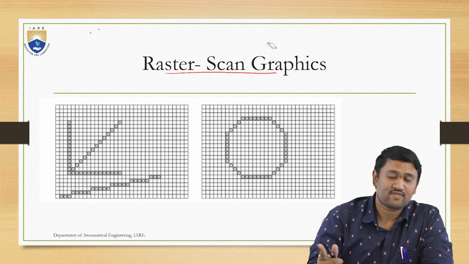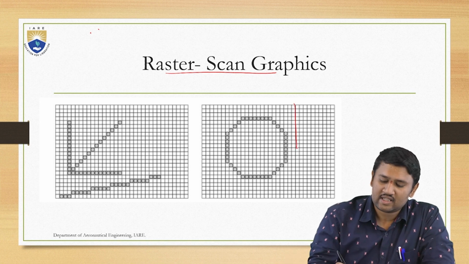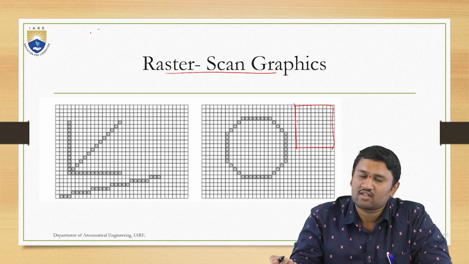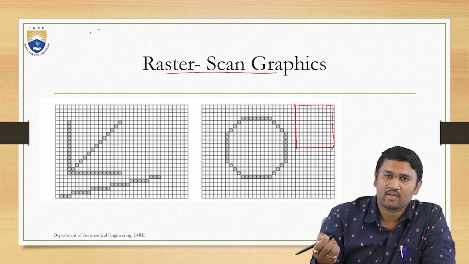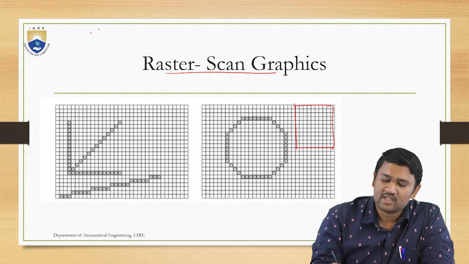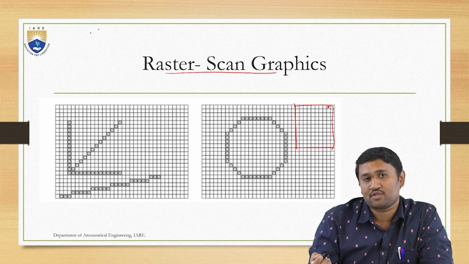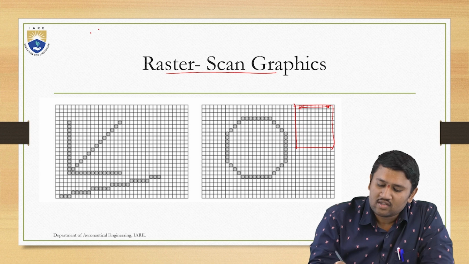Now, we'll consider the example that has already been shown. We'll consider this small display set on which you have a number of cells, also called pixels. The controller or the display processor projects a dot if there is a picture to be shown at that particular point, and it scans horizontally.